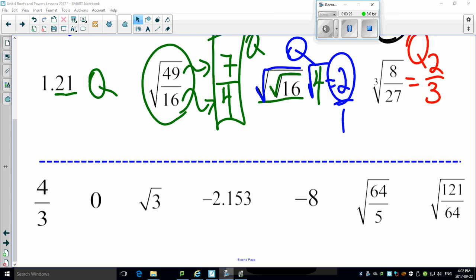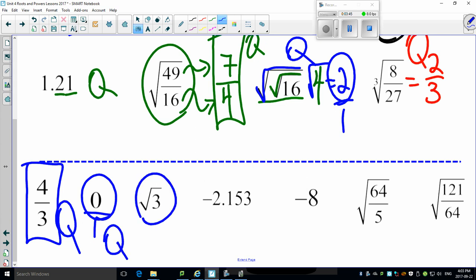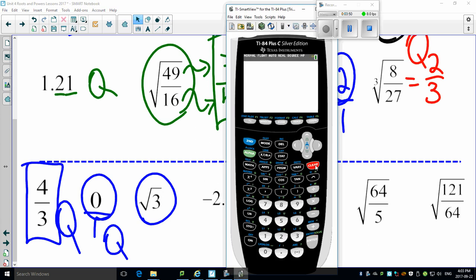So let's keep on going. Let's look at every one of these and tell me, is it rational? Is it irrational? Well, this one being a fraction, you know right away. That's got to be rational. There's a 0. 0 can be made into a fraction over 1. Guess what? Rational. How about root 3? Well, I don't know. Does root 3 actually have a nice number here? Well, let's figure it out.